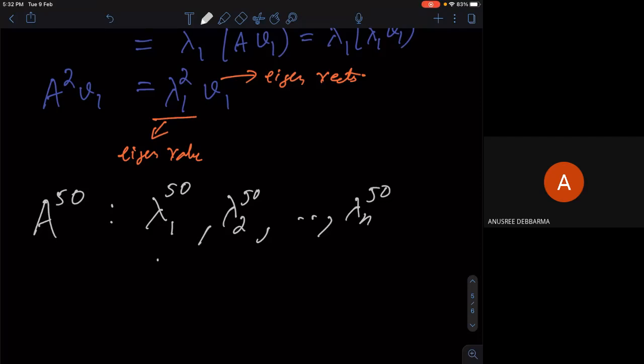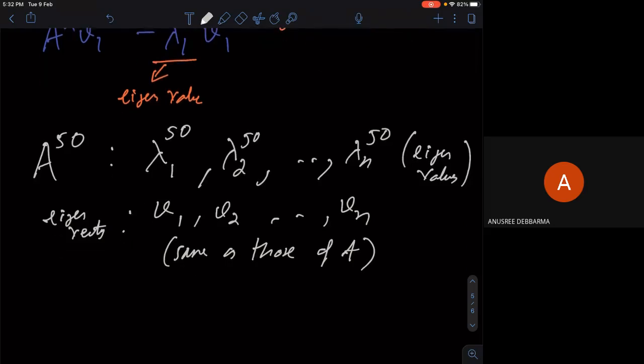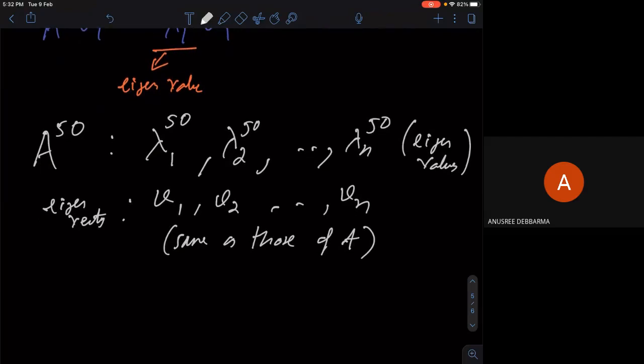And the eigenvectors will be v1, v2, and so on, the same as those of A. They are the same, and the eigenvalues are now raised to the power 50. Okay, any doubts?